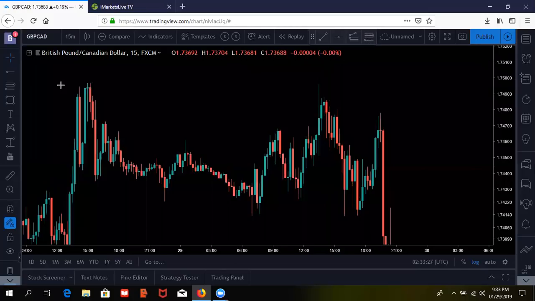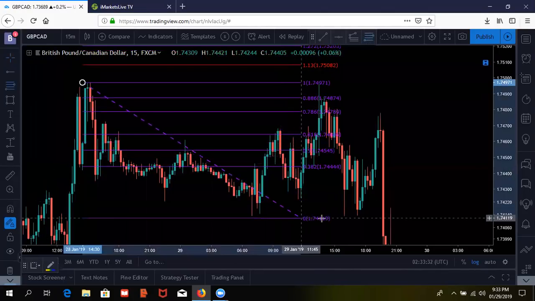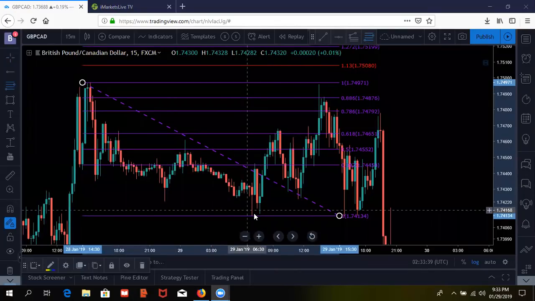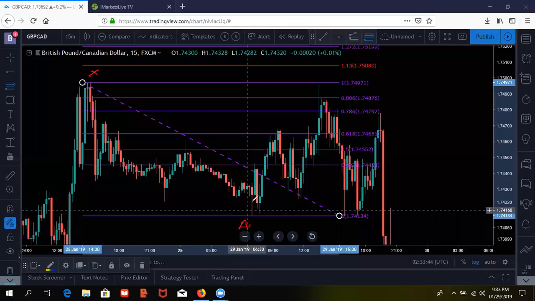So I'll take my fib from my X all the way down to my A. And from there, I want to follow the market from my A leg, follow it, boom, give me my level of resistance right here, hit the 61.8.